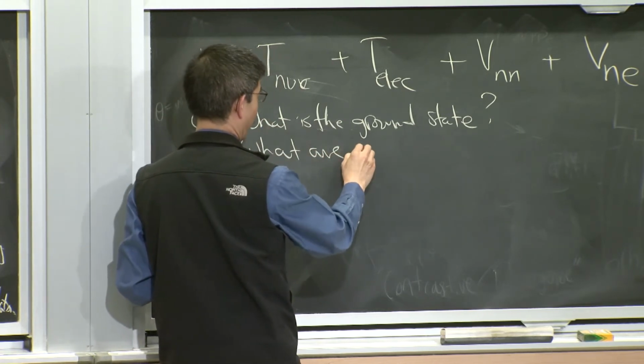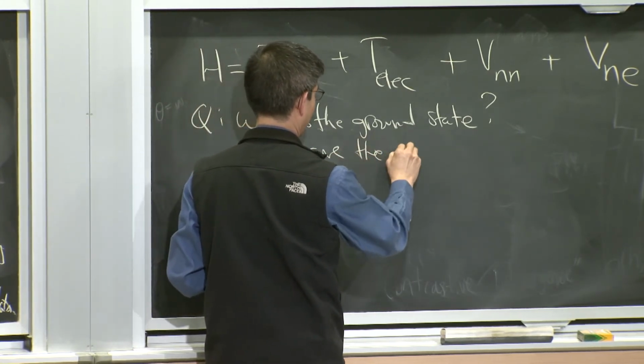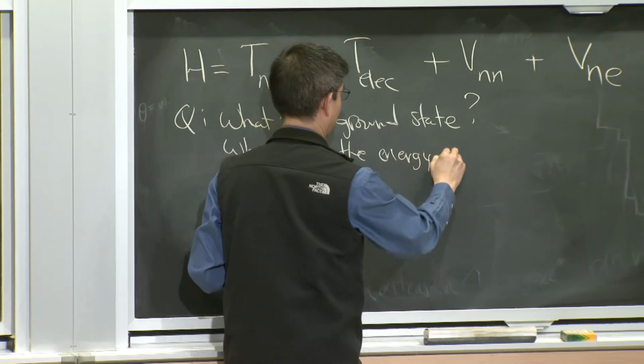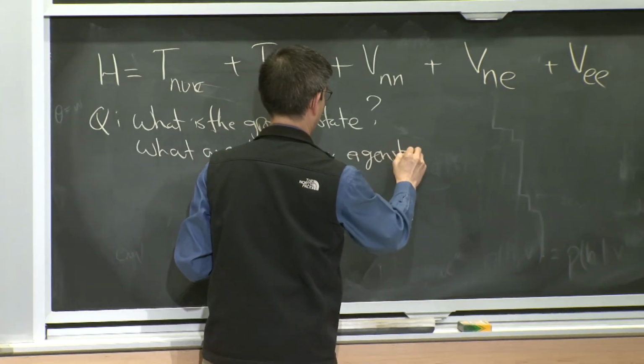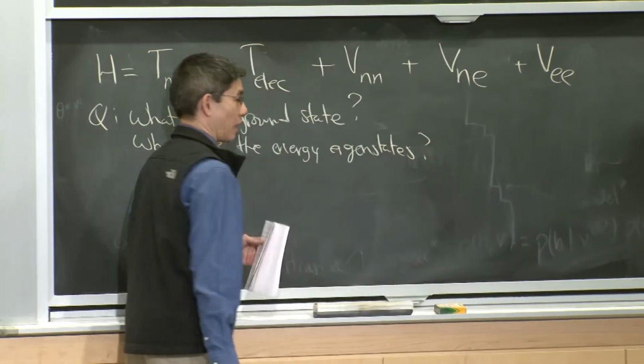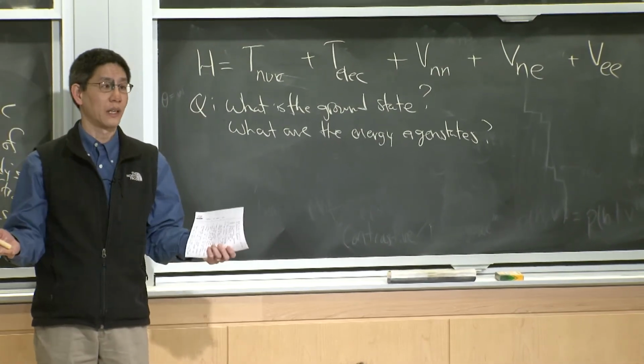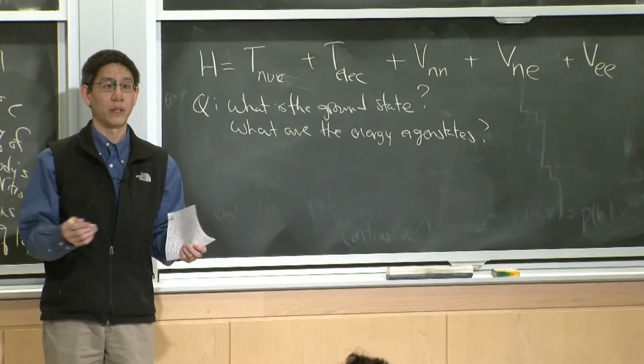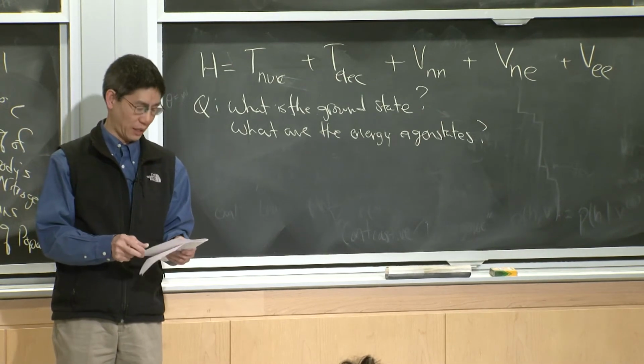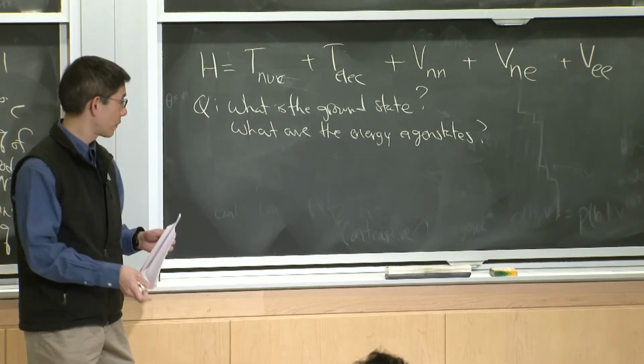We would also like to know the eigenstates. And then we would like to put these all into reaction surfaces, which allow us to tell about what the chemistry of the molecule is going to be. How is it going to react and why?